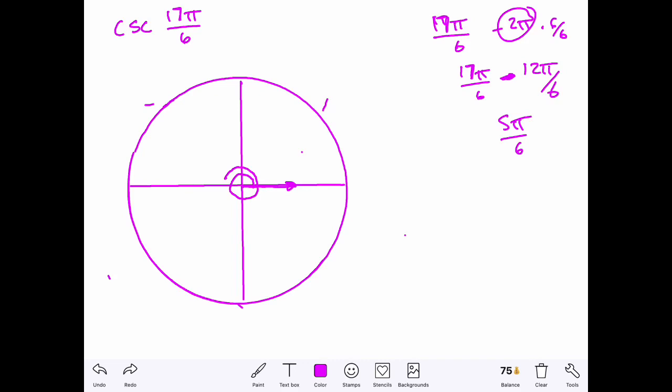And let's put that angle in. Terminal side. And I'm going to go ahead and extend it out to my unit circle. Okay. So 17 pi over 6 is coterminal with 5 pi over 6, and the reference angle would be now from here down to here.